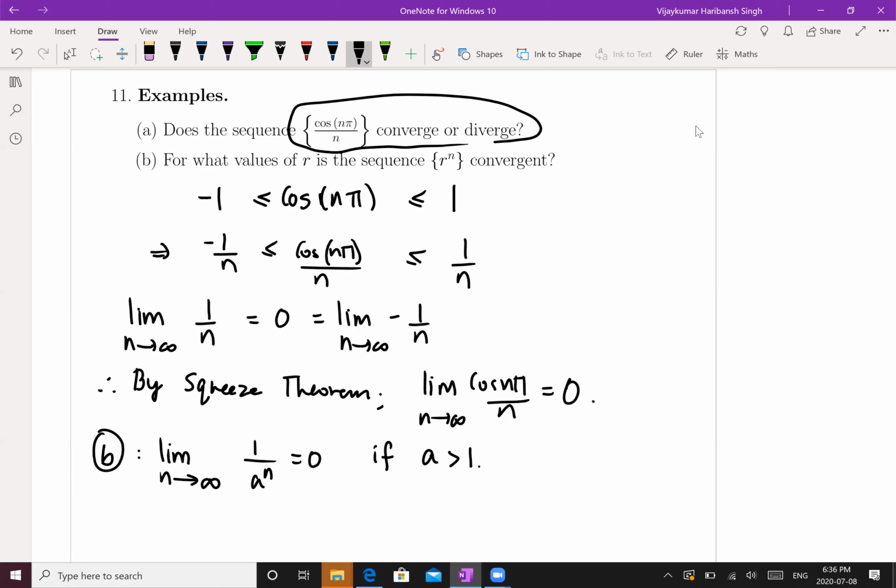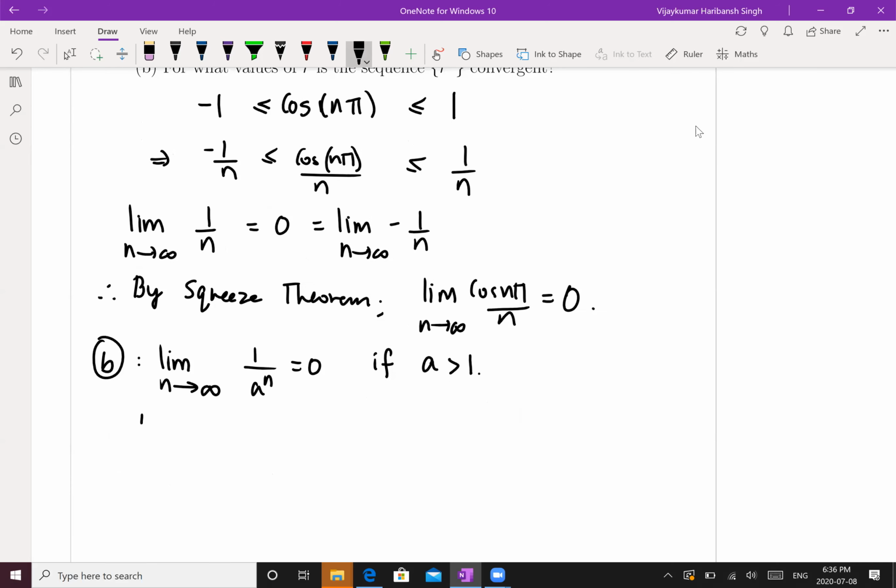So if r is less than 1, then r can be written as 1 by a, where a is greater than 1.